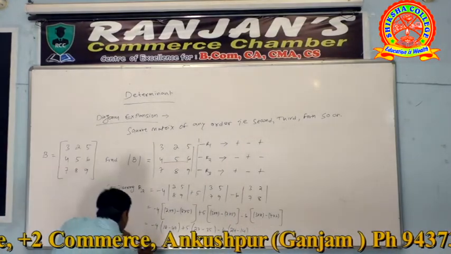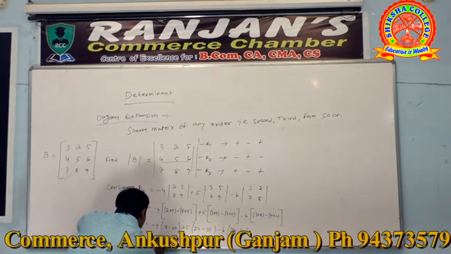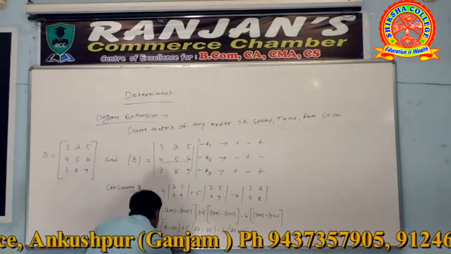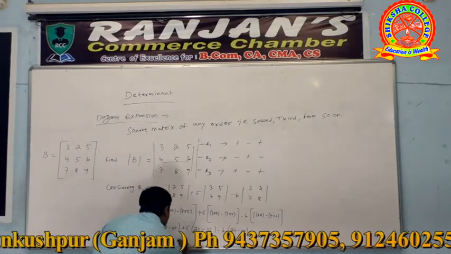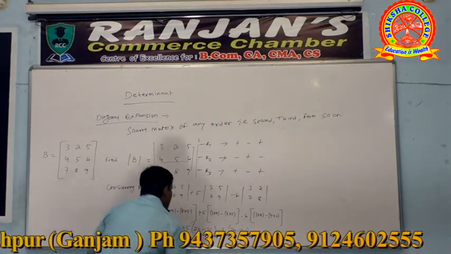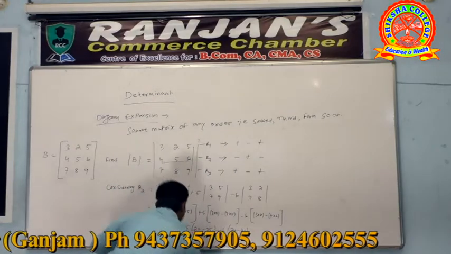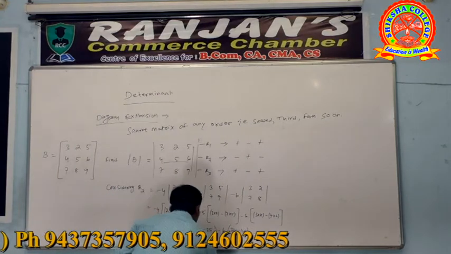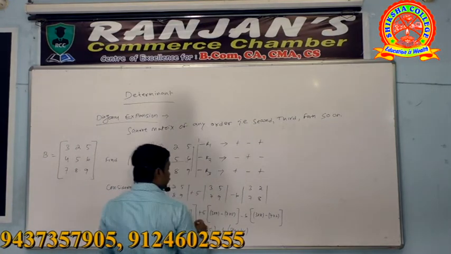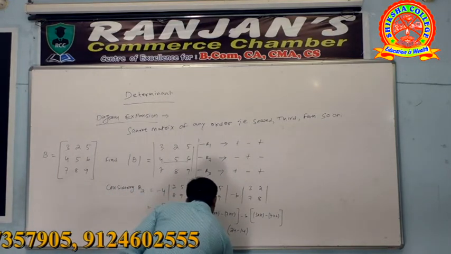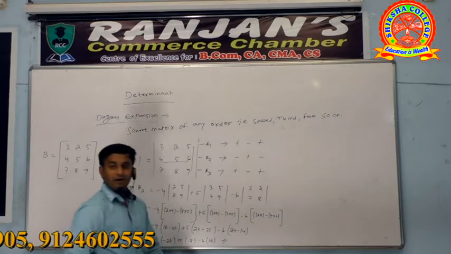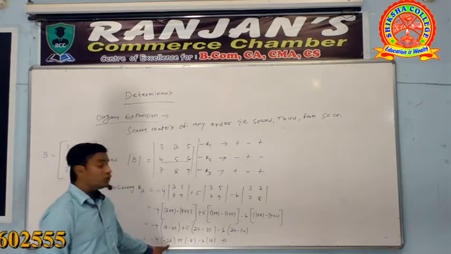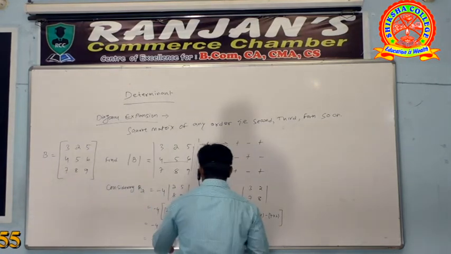Okay. The next step, minus 4 into what left? 18 minus 40 is equal to minus 22, plus 5 into 27 minus 35 is equal to minus 8. Now minus 6 into 24 minus 14 is equal to 10. Okay. Now we are at the end position, that is minus 4 into minus 22.